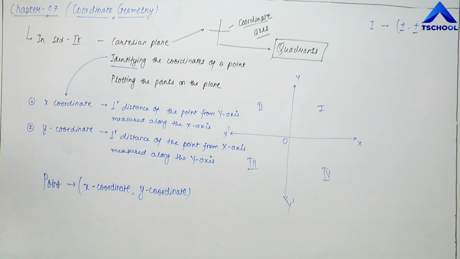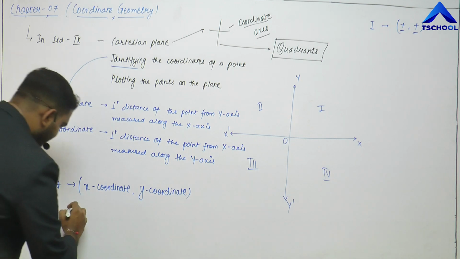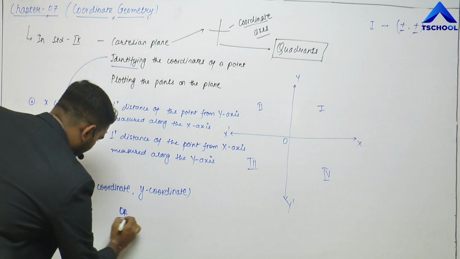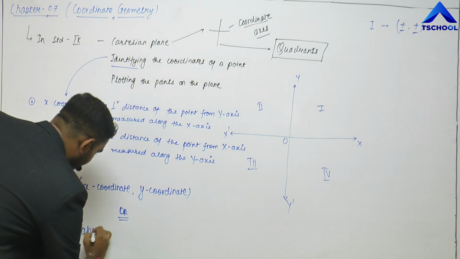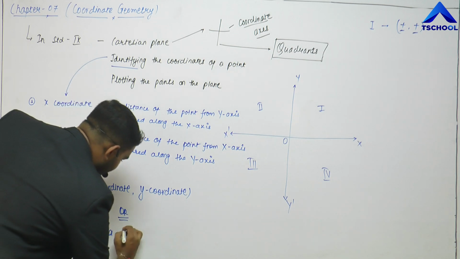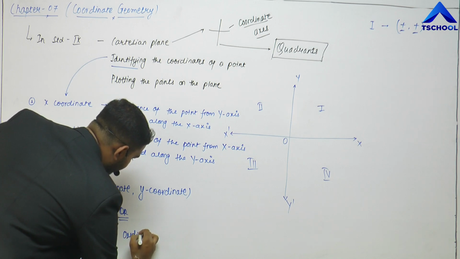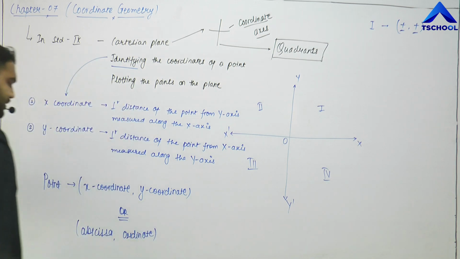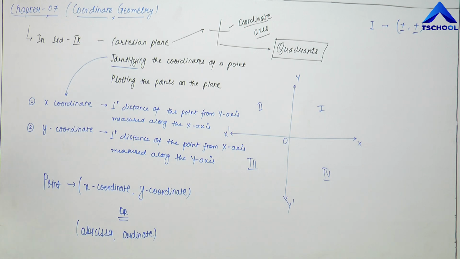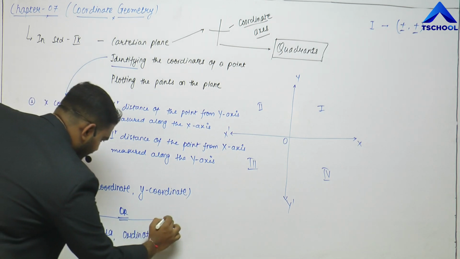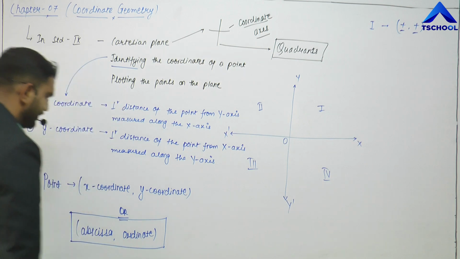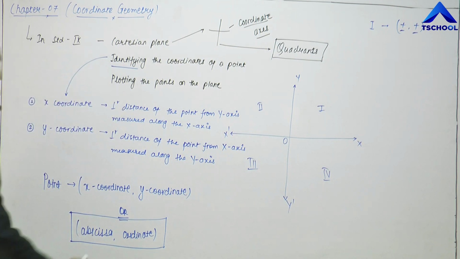Right, friends, the x coordinate is simply known as the abscissa, and the y coordinate is known as the ordinate of a point. So if I write x coordinate or y coordinate of a point, that is simply the same as the abscissa and ordinate of a point.